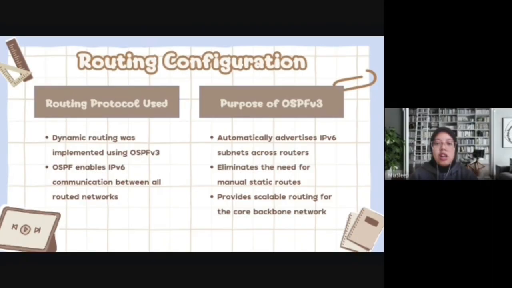This allows all IPv6 networks to communicate efficiently without using static routes. Overall, dynamic routing improves scalability, reduces manual configuration, and allows faster recovery in case of network change or failure.